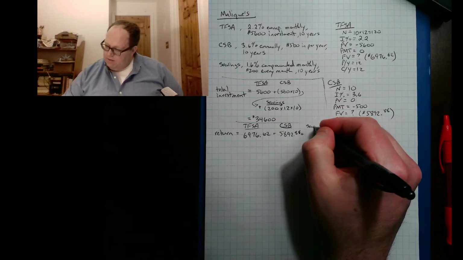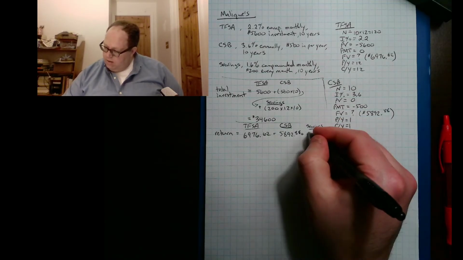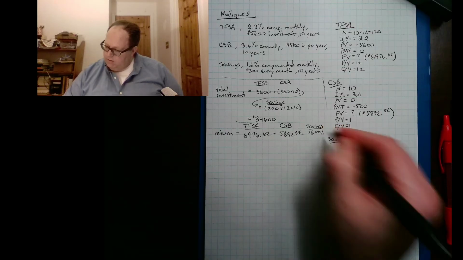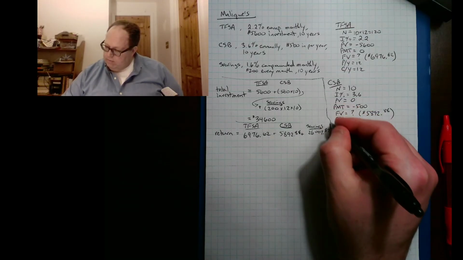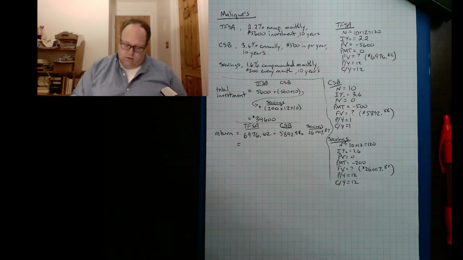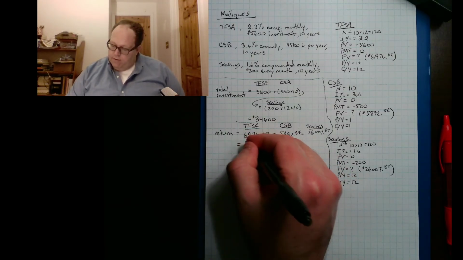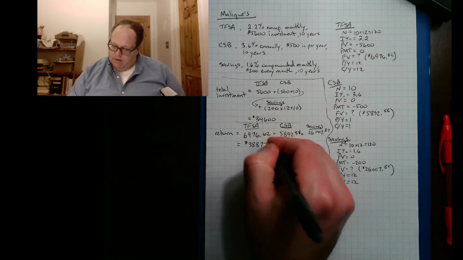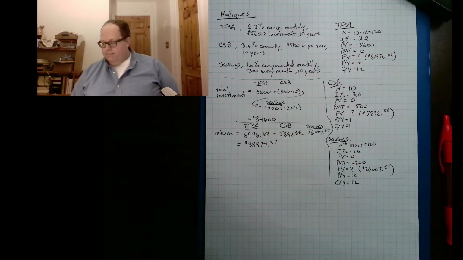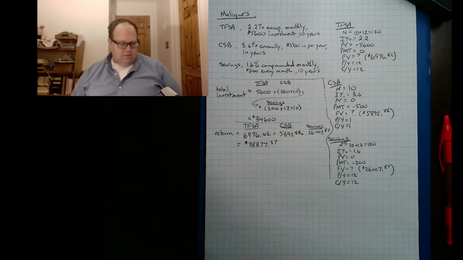And from the savings account, $26,007.87. For a total return of $38,877.37.